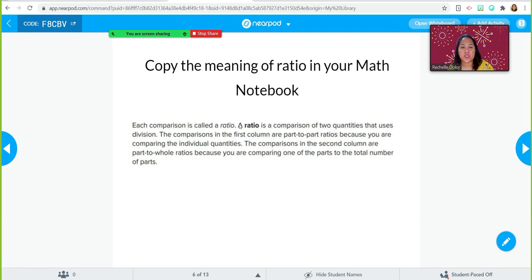A ratio is a comparison of two quantities that uses division. The comparisons in the first column are part-to-part ratios because you are comparing the individual quantities. The comparisons in the second column are part-to-whole ratios because you're comparing one of the parts to the total number of parts. So that's a ratio, comparing two quantities.